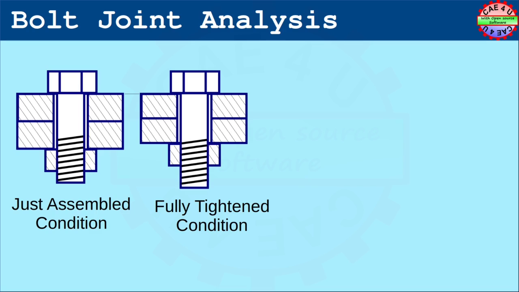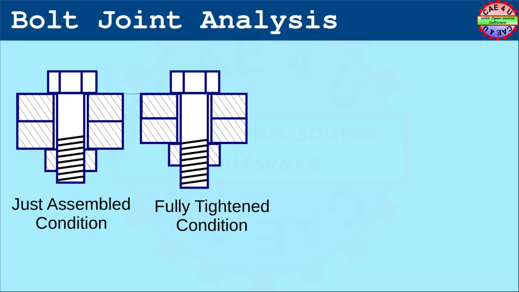In order to see how the joint behaves under tightening, we will consider the left picture, which is just the assembled condition, that is just before the tightening, and in the right we have the joint which is fully tightened. The tightening happens by torquing the nut.